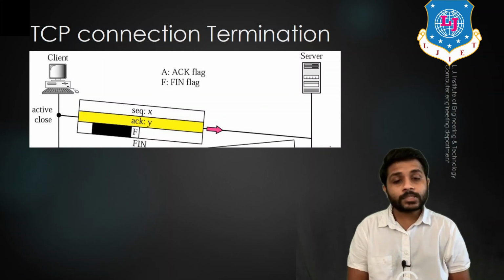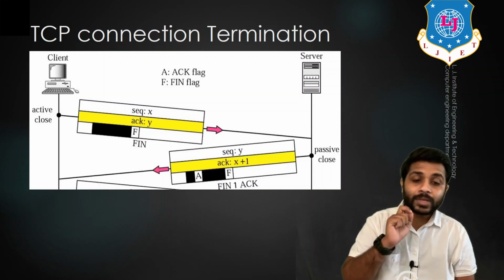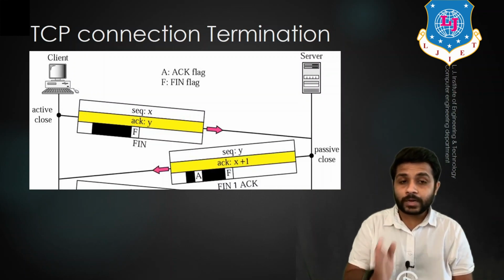So when the server receives that packet, it will reply with FIN plus ACK. When the client receives that packet sent by the server, from the acknowledgement the client will understand that the request for connection termination was received by the server.